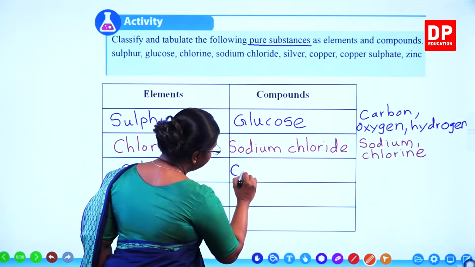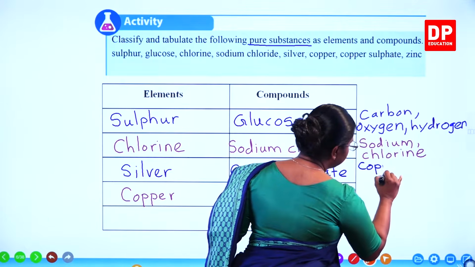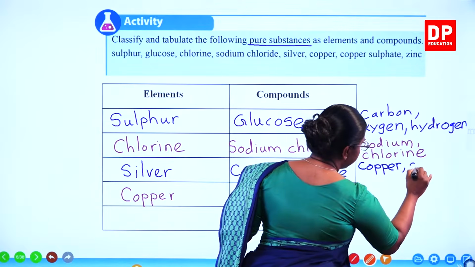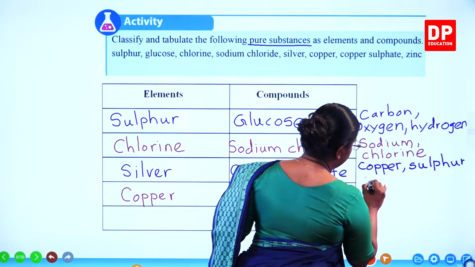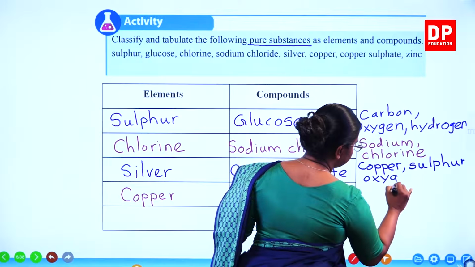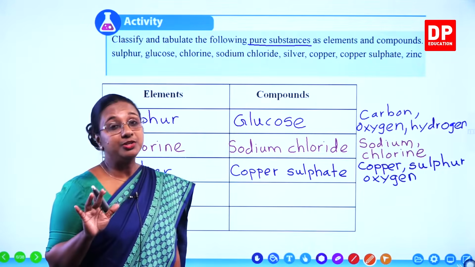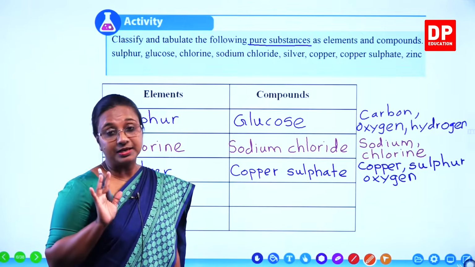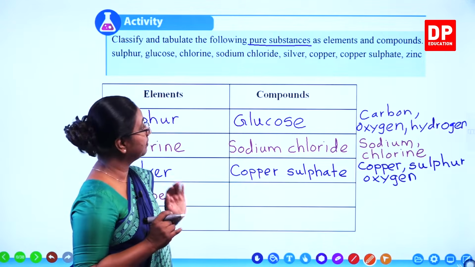So copper sulfate is made up of copper, sulfur and oxygen. So many elements combine together by chemical methods. So that is a compound.